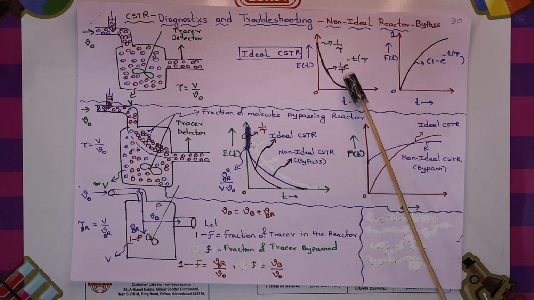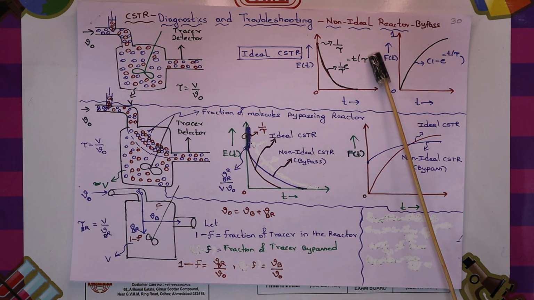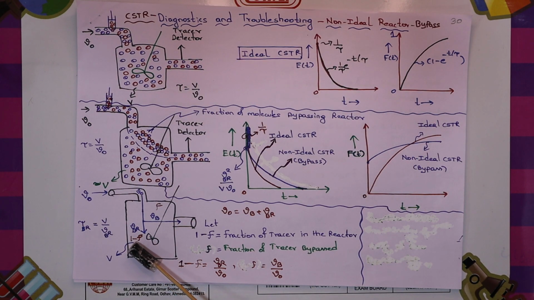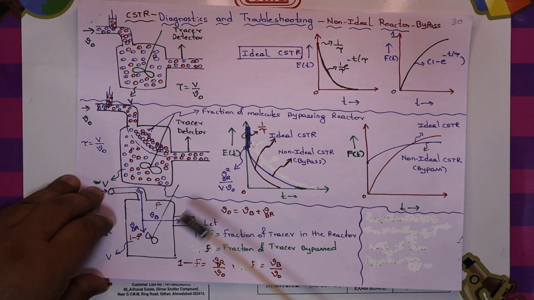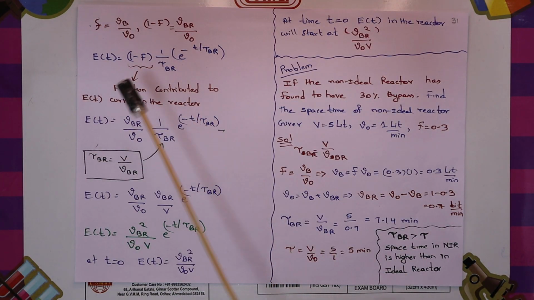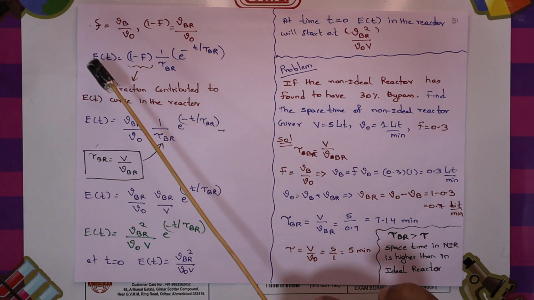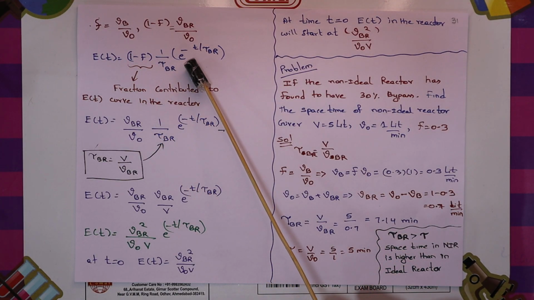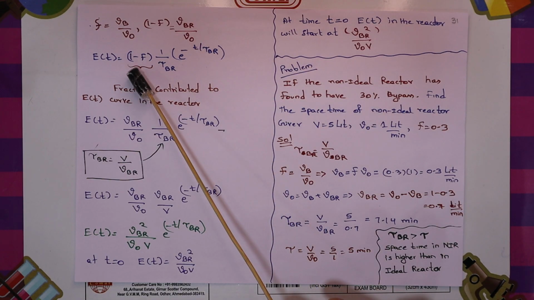Tau is replaced by tau_br, and the entire equation has to be multiplied by the fraction, which is 1 minus f. Then you can compare this equation with the non-ideal E of t function. The E of t is 1 by tau_br into e power minus t by tau_br into 1 minus.